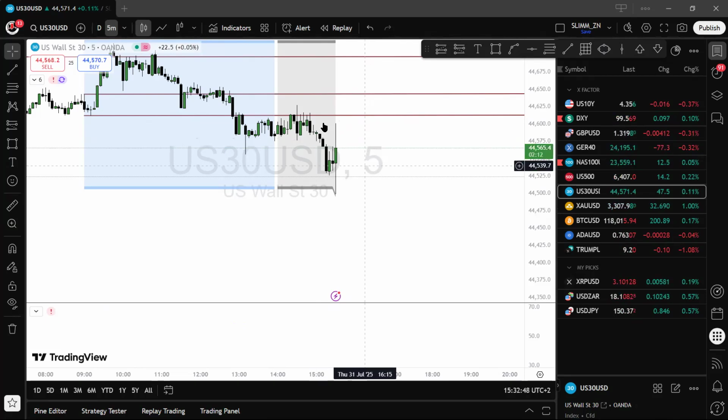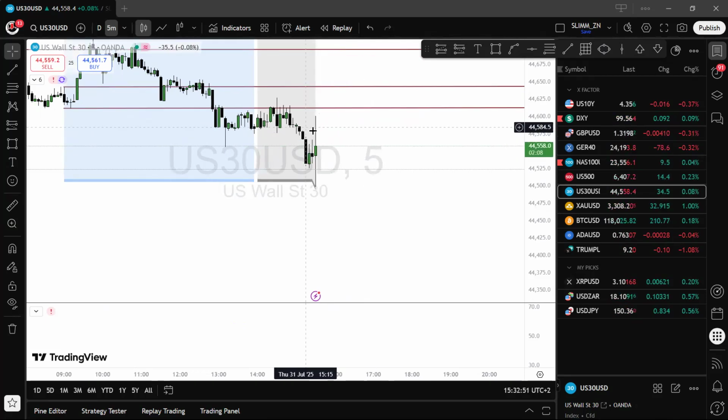So if I'm selling and we get a nice ORB and we break to the bottom, then that just confirms my bias. If price does something else based on what I would have planned, then I reassess the whole setup. So I've got a grace period of at least 10 to 15 minutes after the stock market opens for me to actually adjust my setup and adjust my trade. So let's see what happens here.